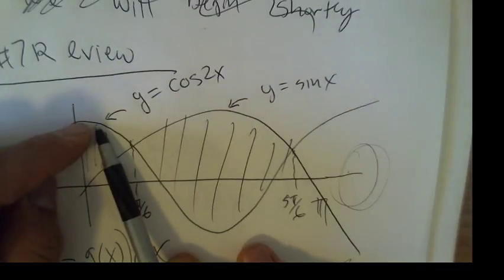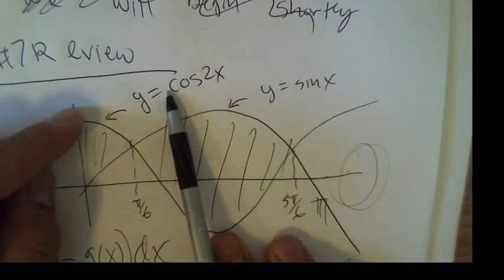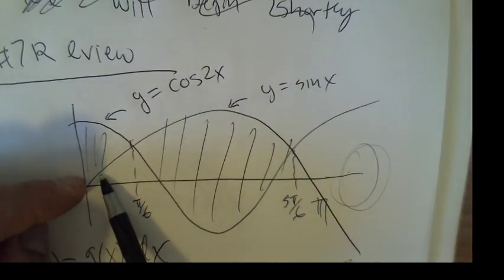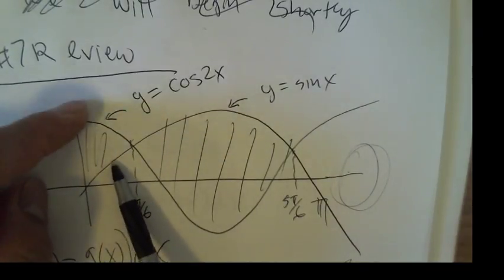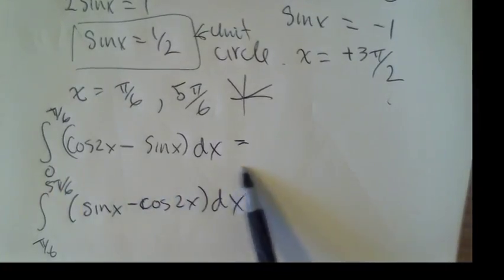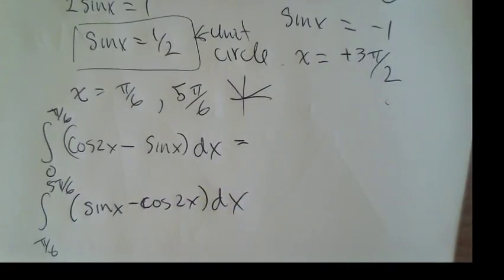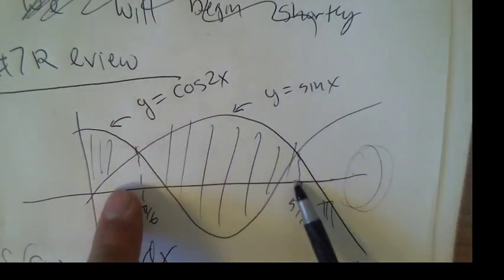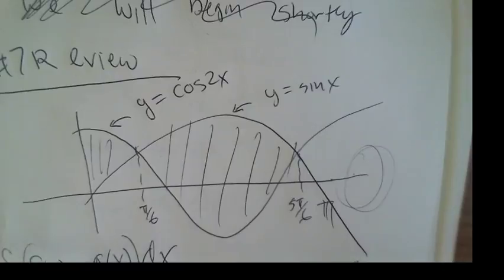Here, the top is y equals cosine of 2x, and the bottom is sine of x. After that, it flips, which is why we had to go through the trouble of finding those two.